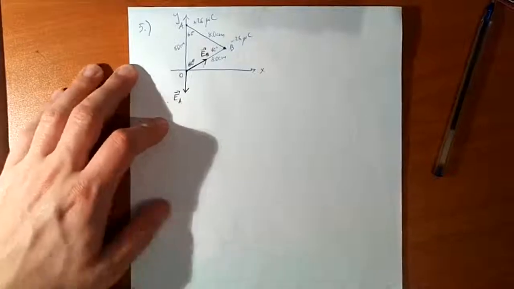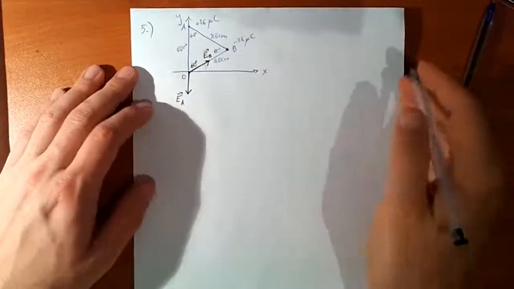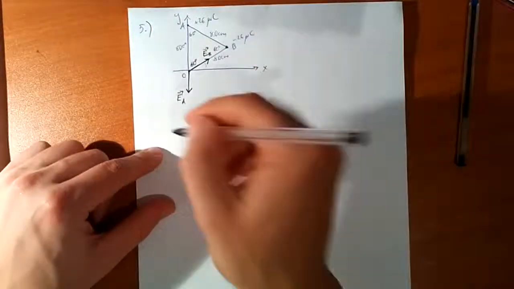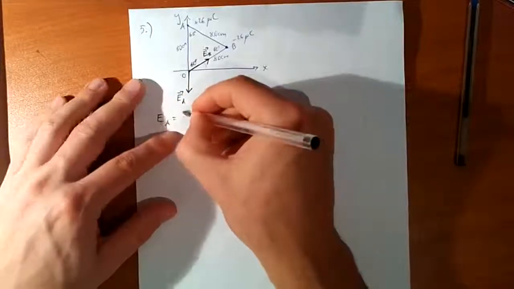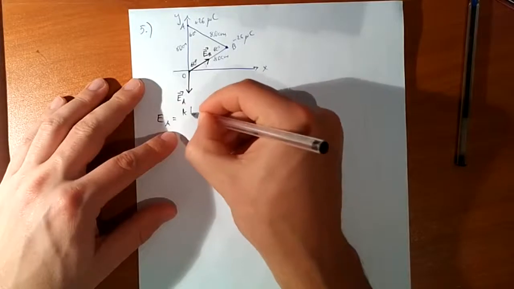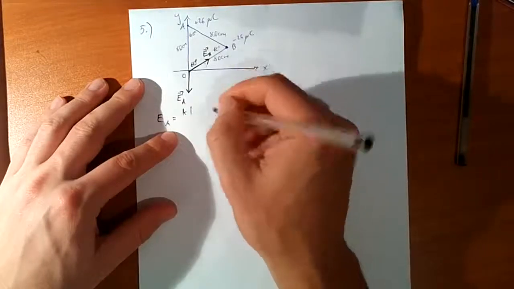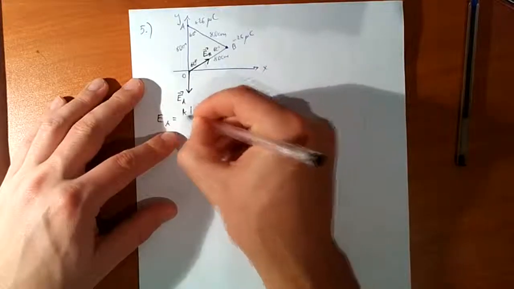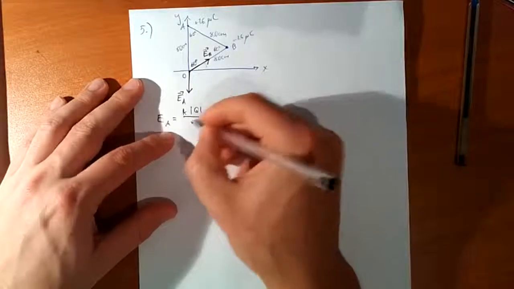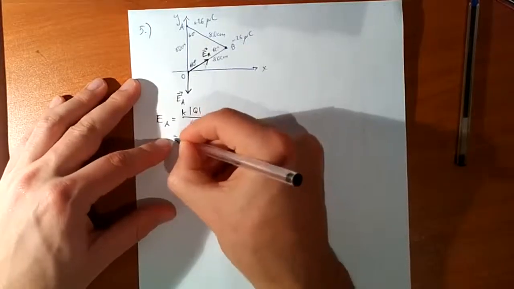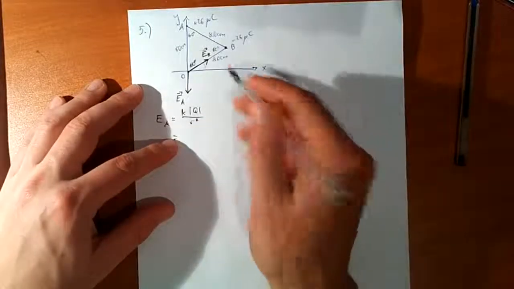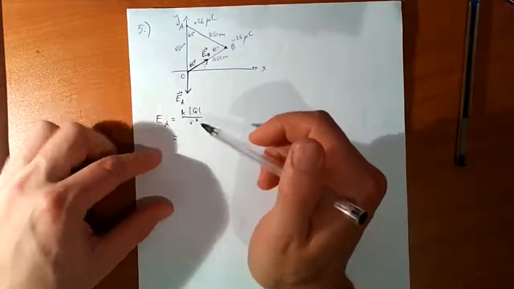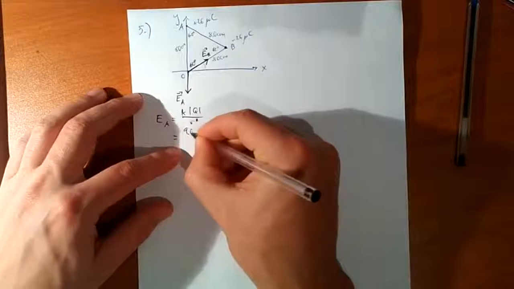Right. Okay, so let's calculate the magnitude of EA. So EA is equal to, now that's just a straight formula for the electric field strength at distance r from a point charge Q. And in our case, let's substitute values. In this case, it really will be okay, definitely, to use this one.